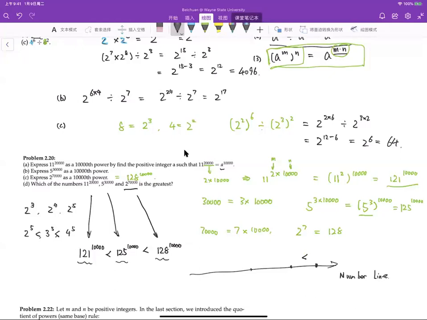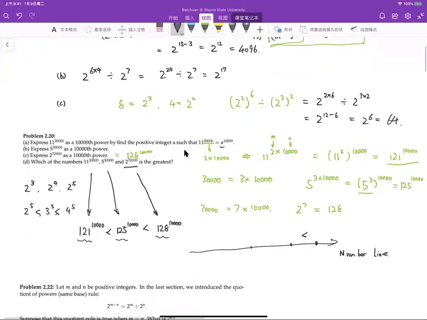You have to keep one thing the same: either they have the same exponents or they have the same bases. If they have the same exponents, then you can compare the bases. If they have the same base, then you can compare the exponents. So that's the idea for this kind of question.